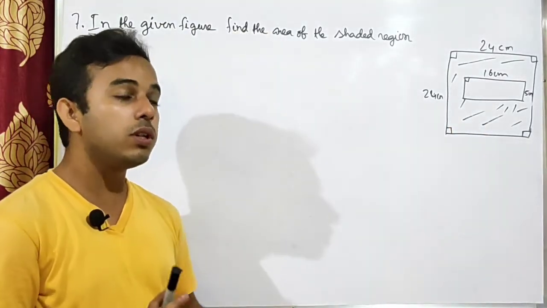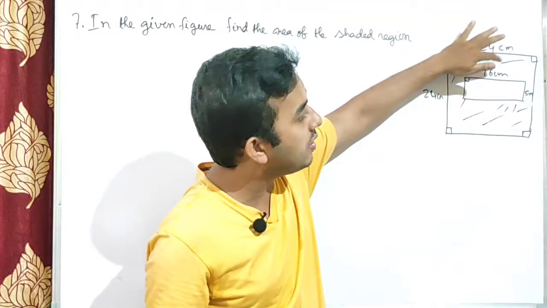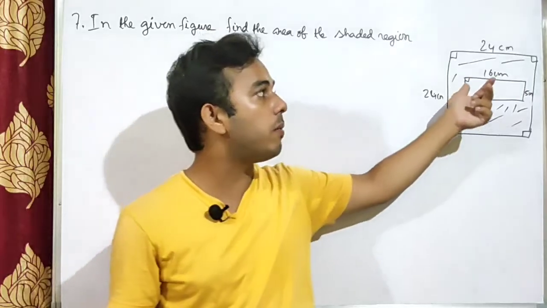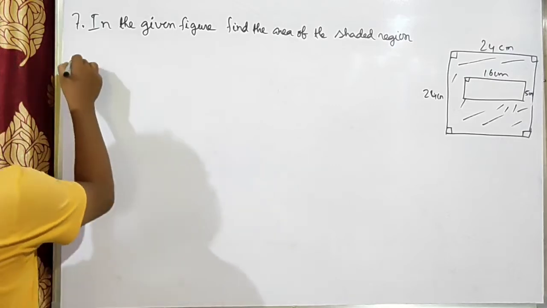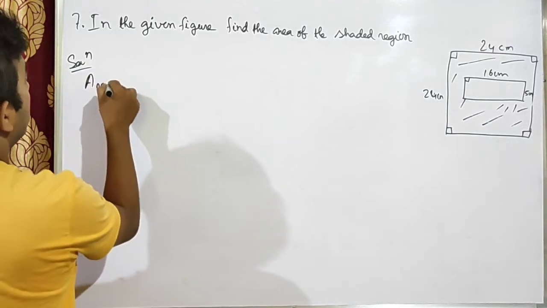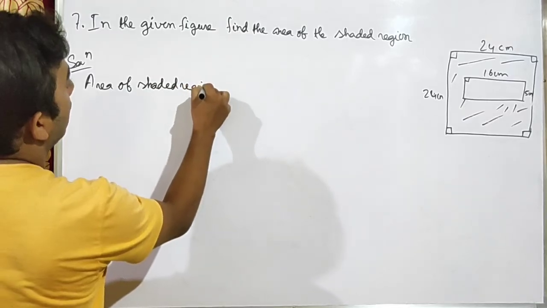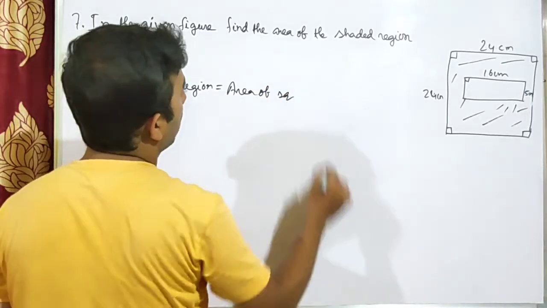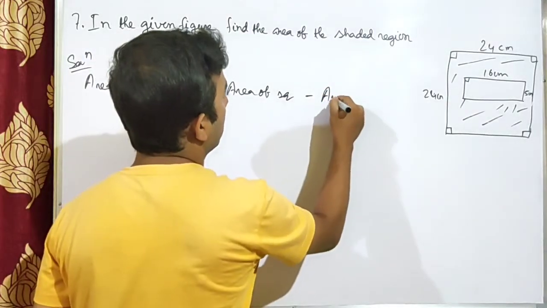Clear? Okay, so in this case, first we have to find the area of the square. That means the area of the whole square will include the area of the shaded region along with the area of the rectangle, and then if we subtract the area of the rectangle from the area of the square, we can easily find out. So first of all, let us find out the solution. We write area of the shaded region equals area of square minus area of rectangle.